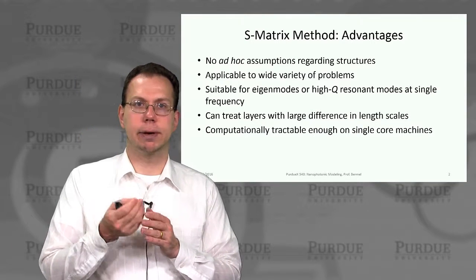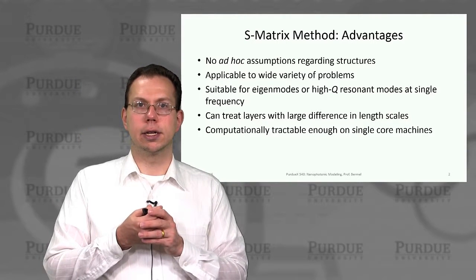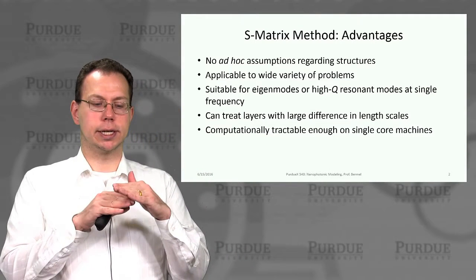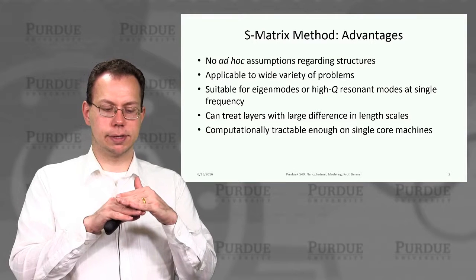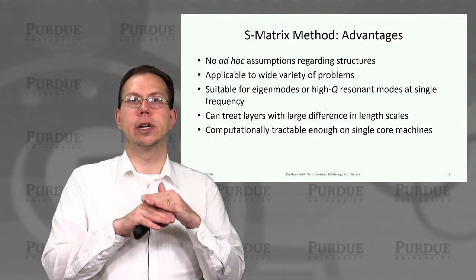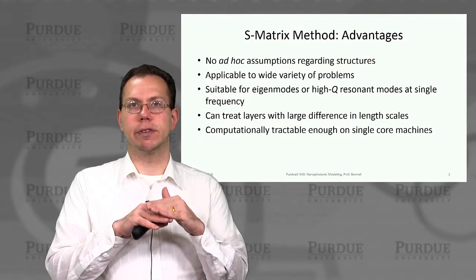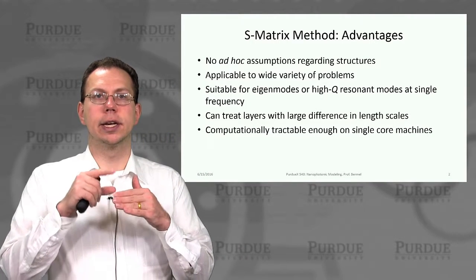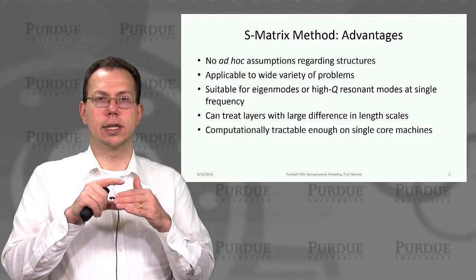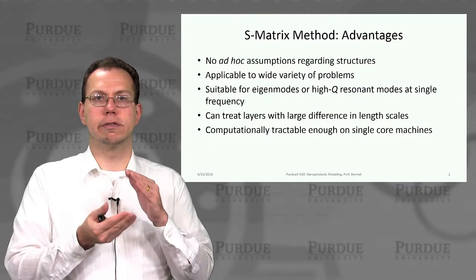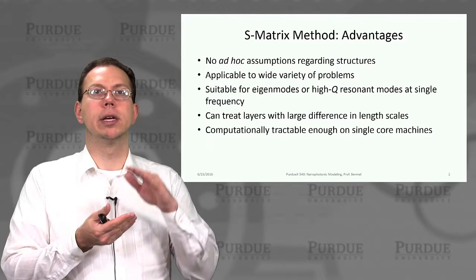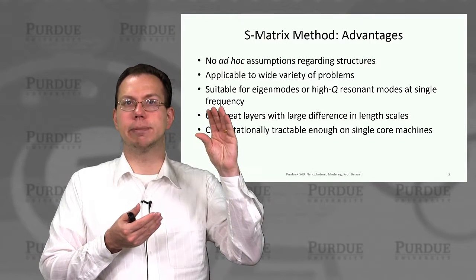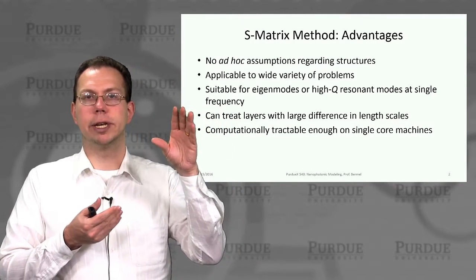If you think about a quantum well laser, for example, it's a perfect example, because quantum well lasers have very, very thin quantum well regions made out of indium gallium arsenide that may be as thick as, say, 10 nanometers. Then you can have hundreds of microns of gallium arsenide surrounding them, and you may even have a layer of glass or other encapsulants on the order of millimeters thickness, right?